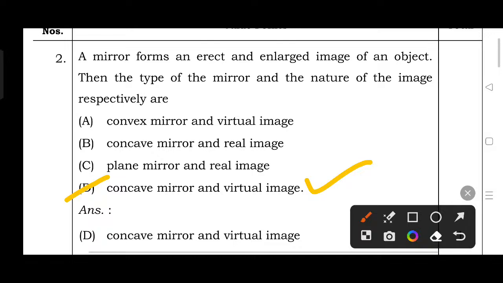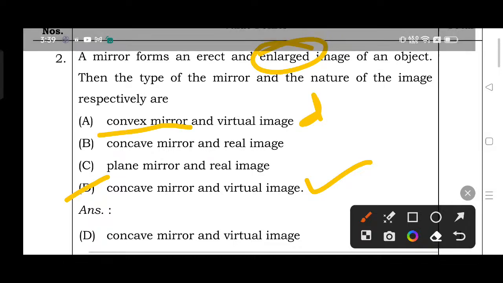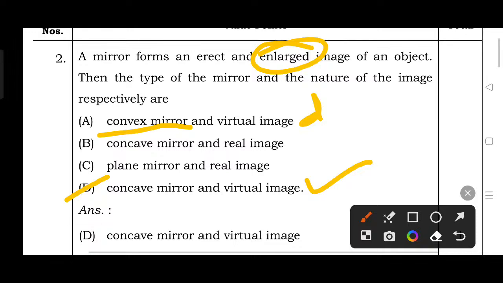Concave mirror and virtual. Convex mirror, I told you, gives a diminished image, it's not enlarged. In concave mirrors, real images are formed in other cases.